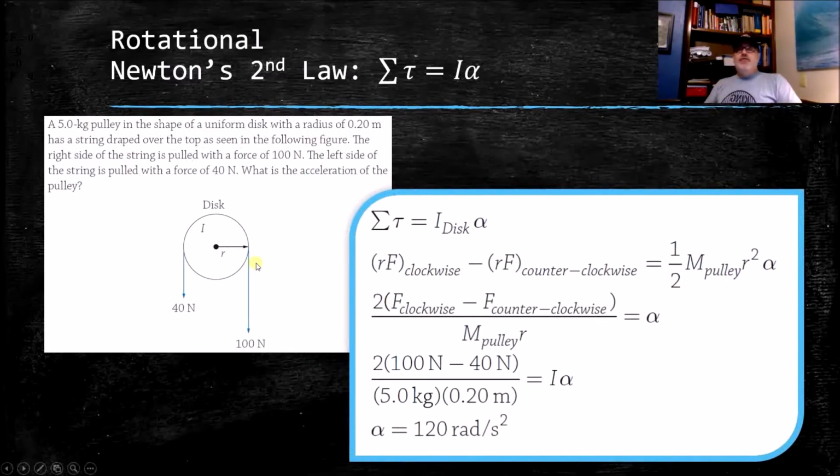So we have fighting torques. So clockwise minus the counterclockwise torque will equal the rotational inertia, and this was the rotational inertia of a pulley as shown in our diagram earlier, times alpha. And so if we just solve for alpha and plug in our numbers, we get an alpha of 120 radians per second squared.